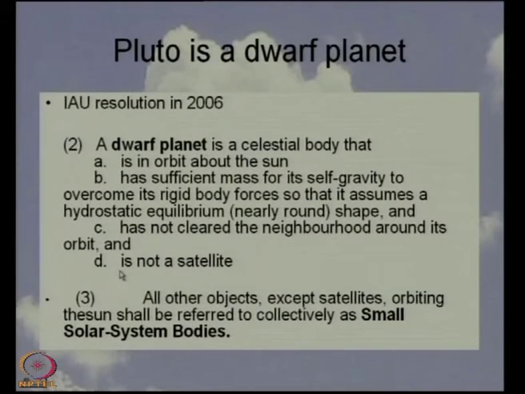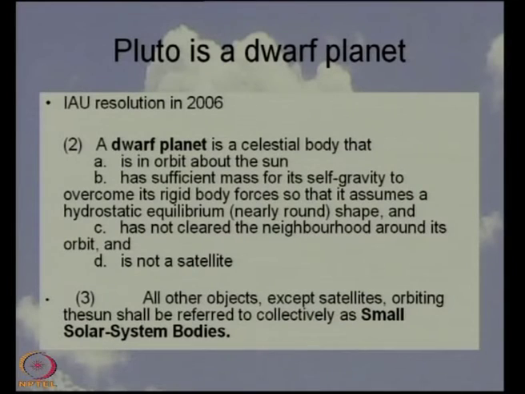So, if you have an object that goes around the Sun, which looks like a planet, it is spherical, it has overcome the other forces and is in hydrostatic equilibrium under its self gravity, but it has not cleared its orbit of other objects, then it is called a dwarf planet.